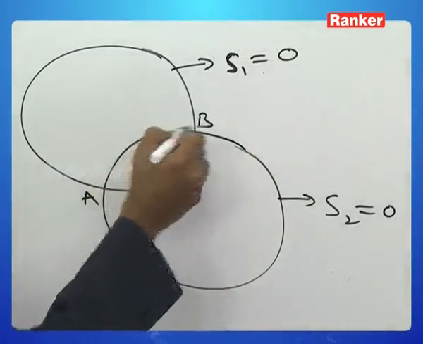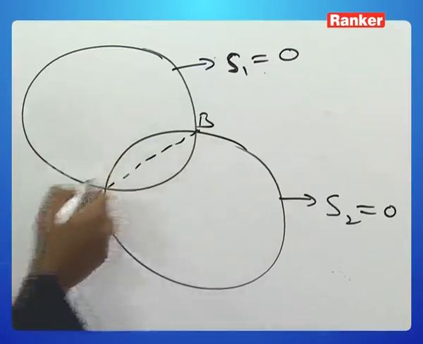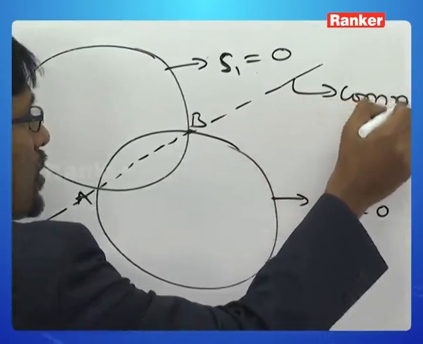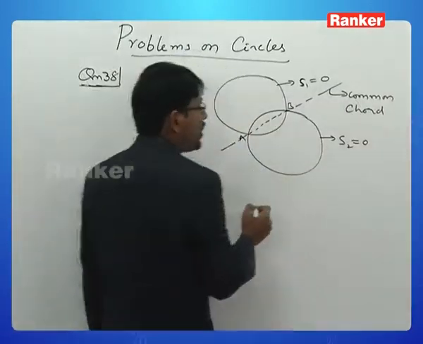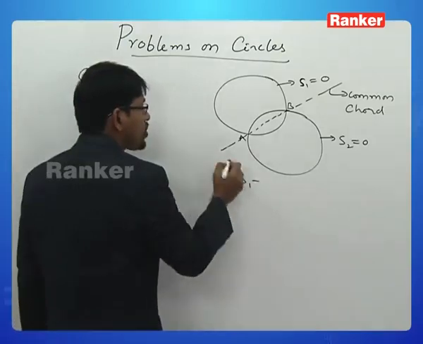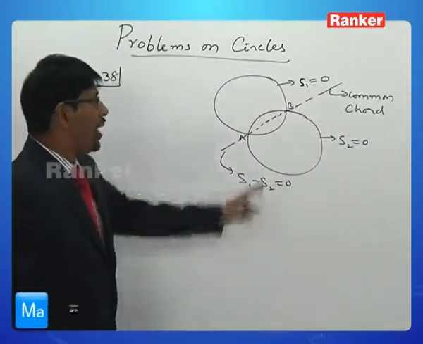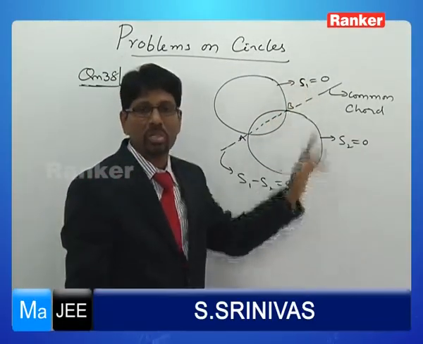If they are intersecting in two distinct points, this common chord AB, it's called the common chord, is given by S1 minus S2 equal to 0, provided we make both the equations into standard form. What do you mean by standard form?